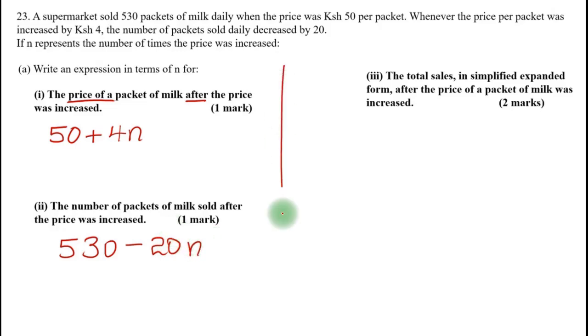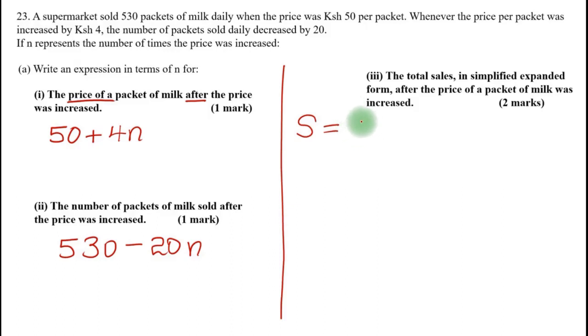Then part (iii): the total sales in simplified expanded form after the price of a packet of milk was increased. Let me use S to represent the total sales. It will be the new price multiplied by the number of packets sold after the new price.